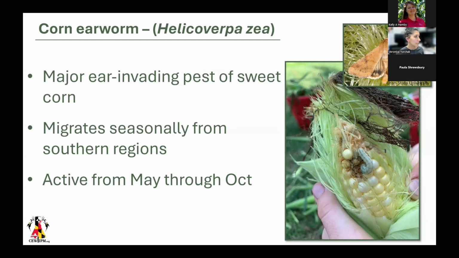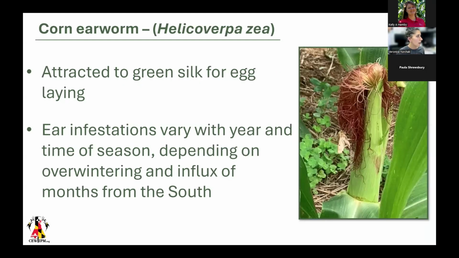And in Maryland, it's primarily active from May through October. Adult moths are attracted to fresh silks for egg laying, and they'll preferentially lay their eggs in sweet corn over field corn and other crops. And because of the fact that populations are migratory, infestations will vary throughout the season and from year to year.